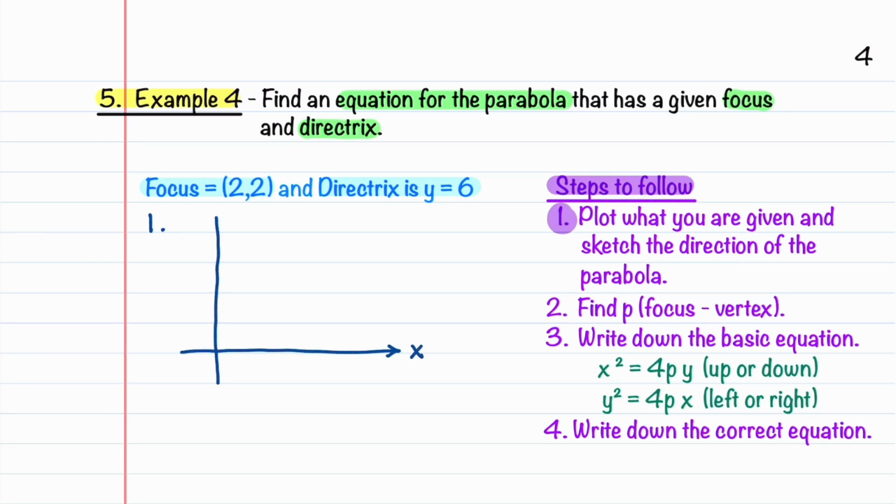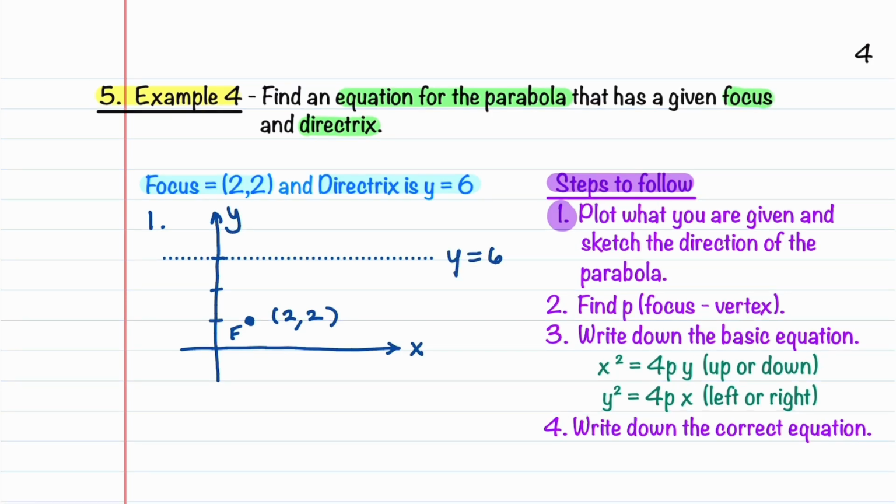Here's our x-axis and here's our y-axis. Our focus is equal to 2, 2, so let's go ahead and put this right here. We'll label it 2, 2, and I'm going to put an F here to indicate that it's the focus. And then we're told that the directrix is y is equal to 6, so we'll draw the directrix up here.